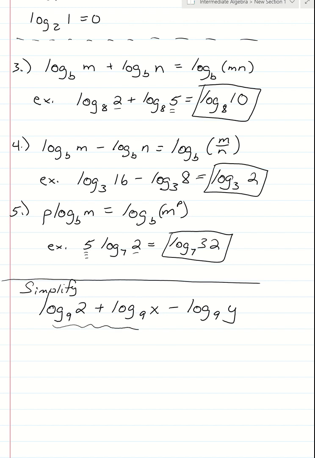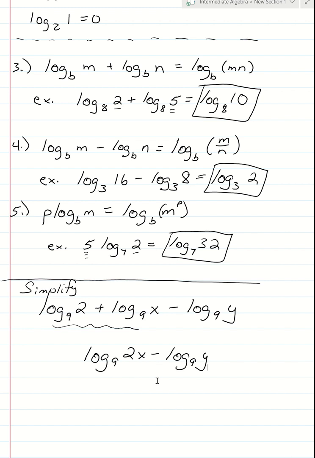The log base 9 of 2 plus the log base 9 of x, that would give us the log base 9 of 2 times x minus the log base 9 of y. So we eliminated the addition by multiplying the 2 with the x to give us the 2x.